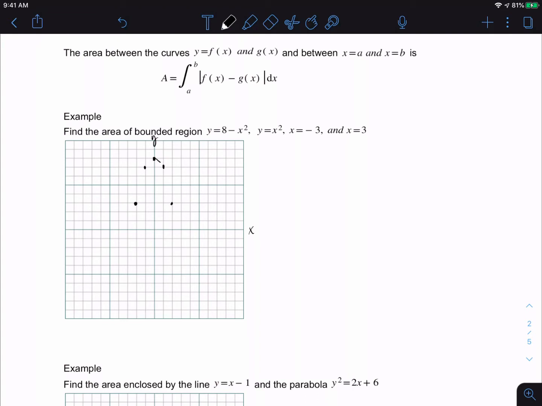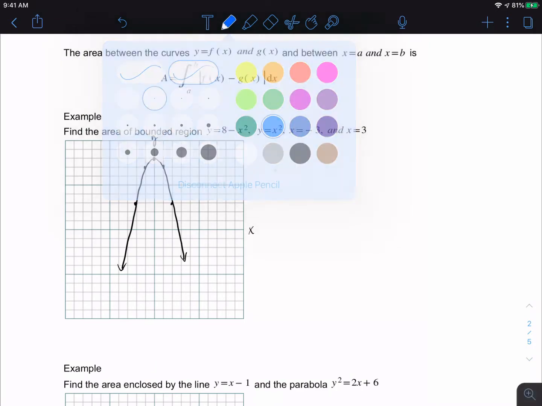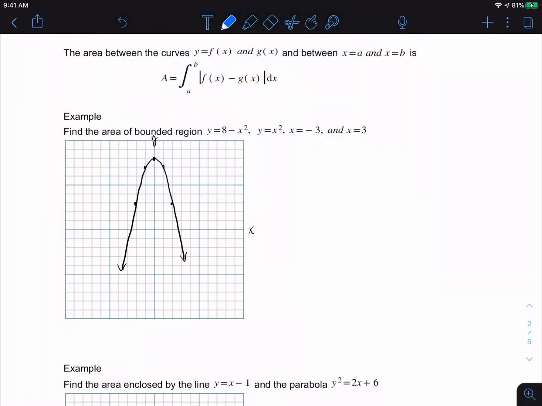And this is going to look something like this. Then I'll graph y is equal to x squared.